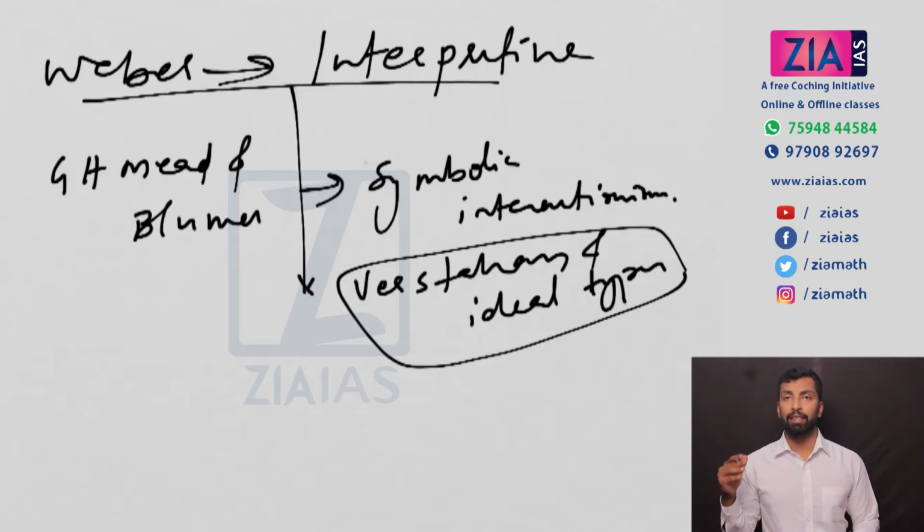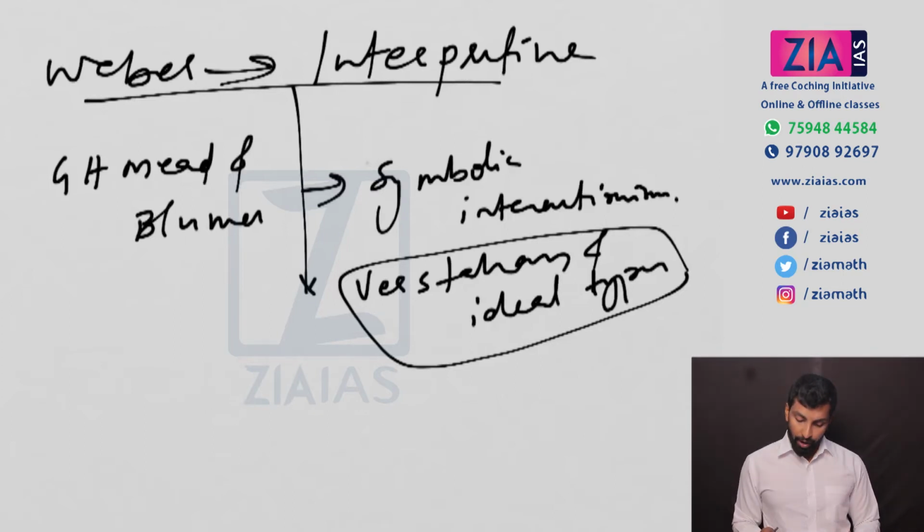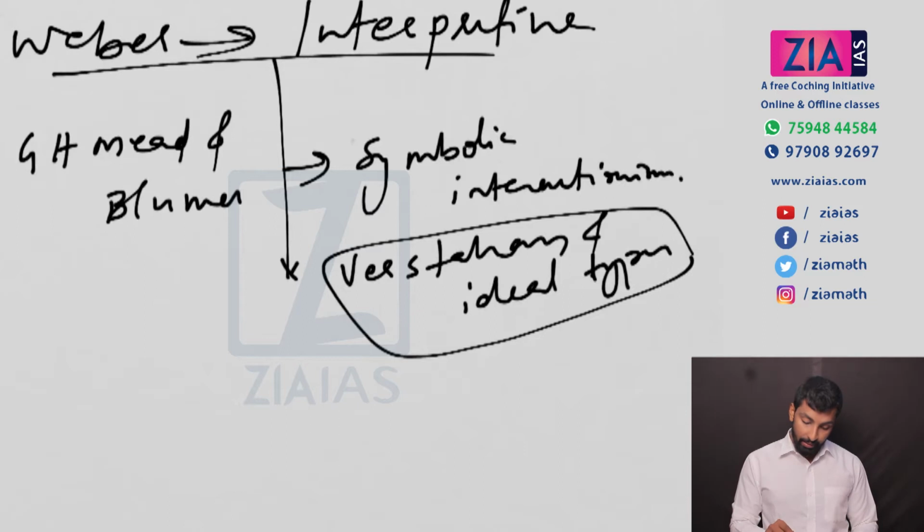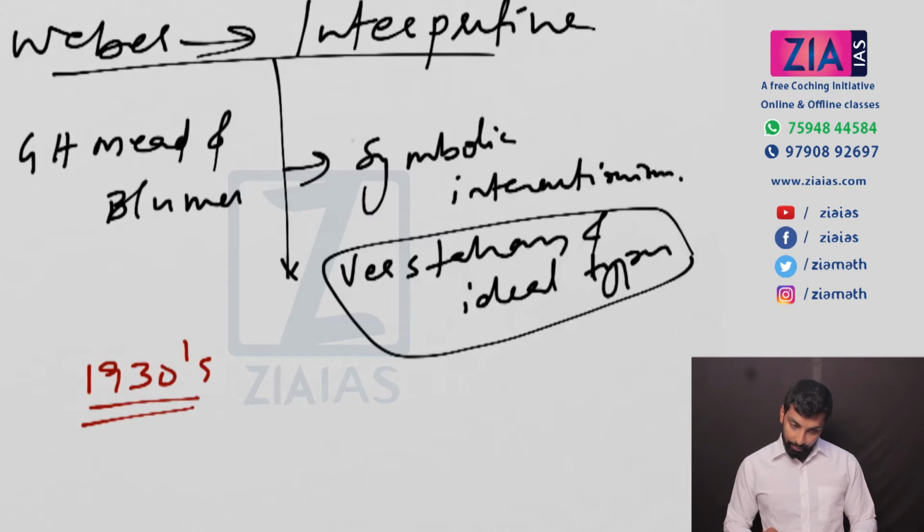So all these things we'll discuss in detail when we discuss Weber. But as of now, just understand Weber is not a pure non-positivist. He is considered to have bridged the gap between the two. Then you can talk about G.H. Mead and Blumer.